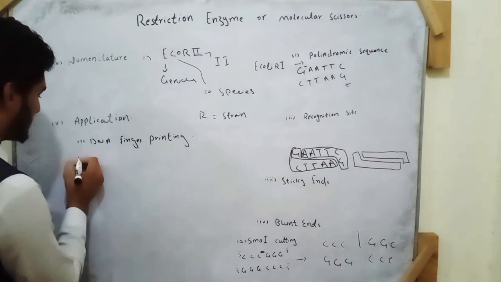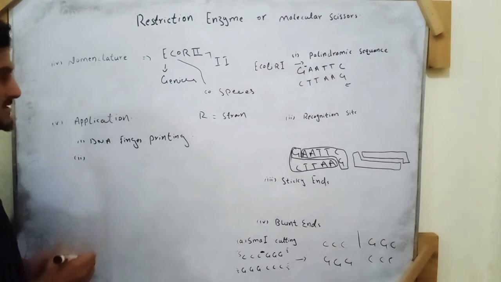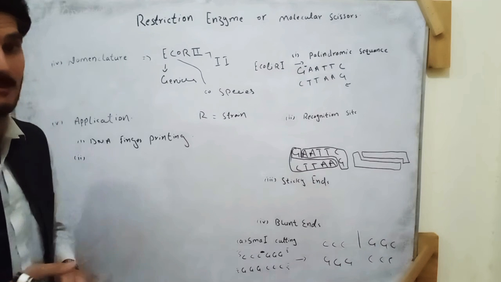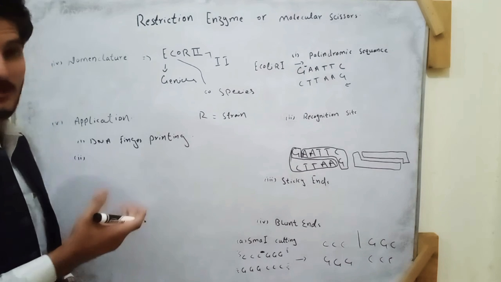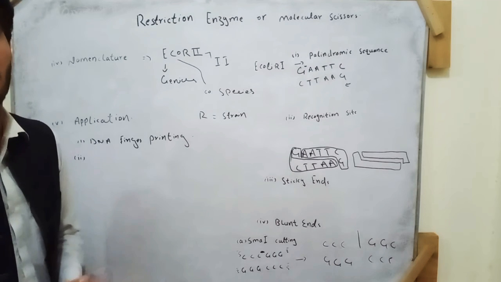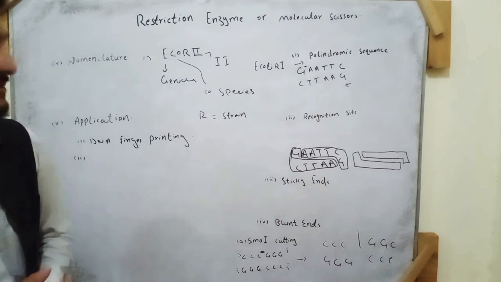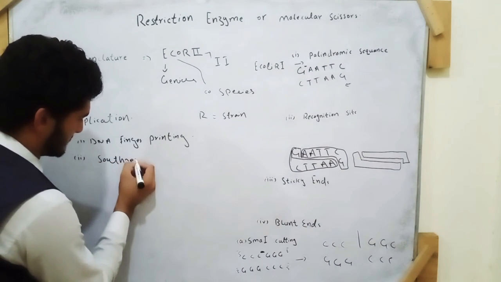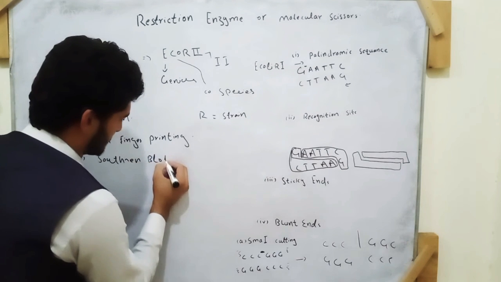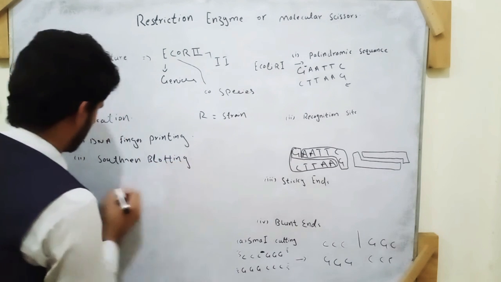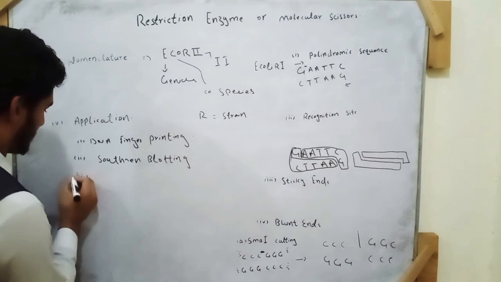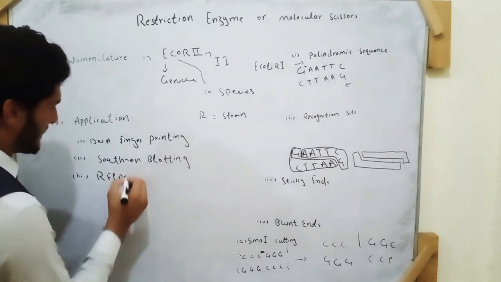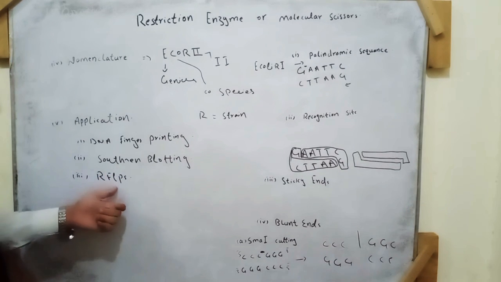The second use of restriction enzymes is in Southern blotting, with which we can identify DNA molecules. The third one is RFLP, restriction fragment length polymorphism.